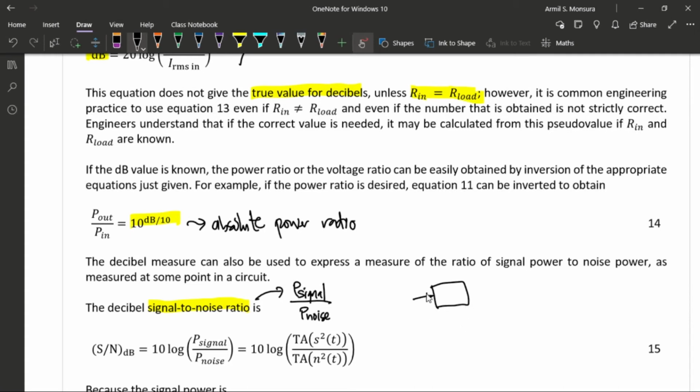Once mag-input tayo ng waveform dyan, the circuit may introduce noise signal or noise waveform. Pwede siya mag-introduce ng noise waveform dun sa circuit natin.